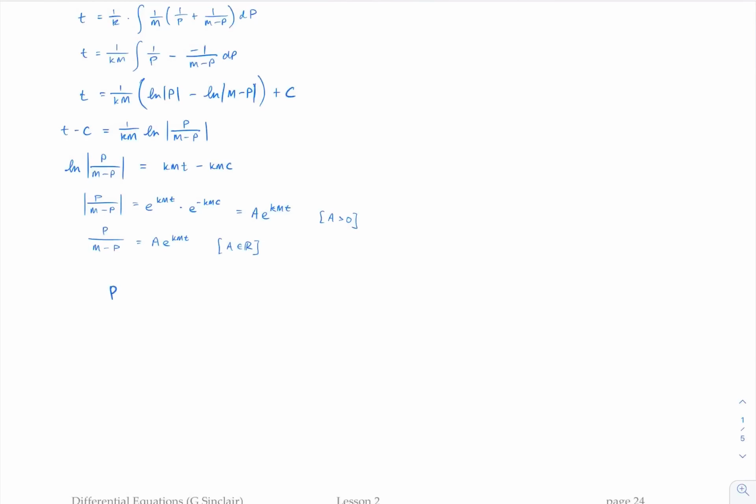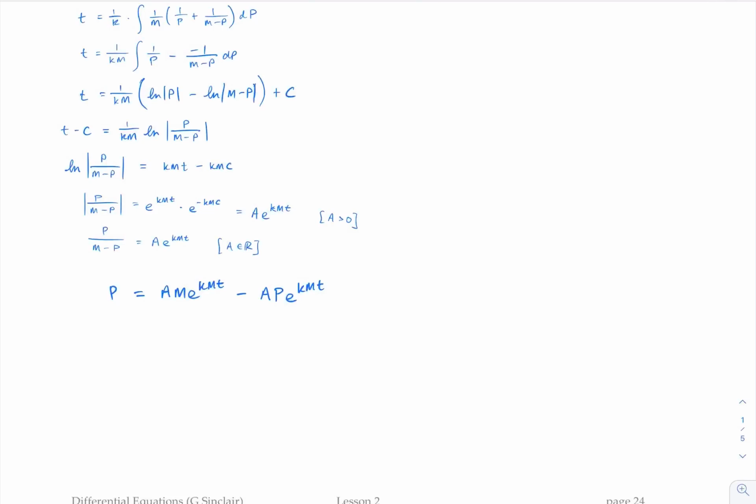So P equals, if we're going to multiply by m minus P, then I've got A m e to the kmt minus A p e to the kmt. So in this line, I've got P in two places.